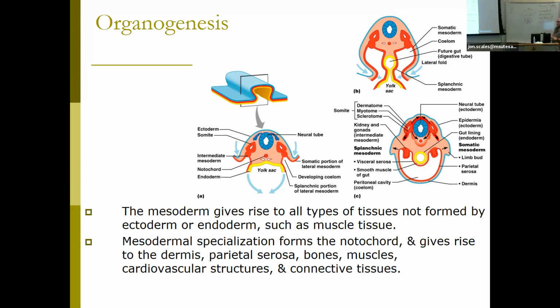Because now we can put them in their embryonic origin. Meso and ecto, okay? The endoderm gives rise to epithelial cell types as well.